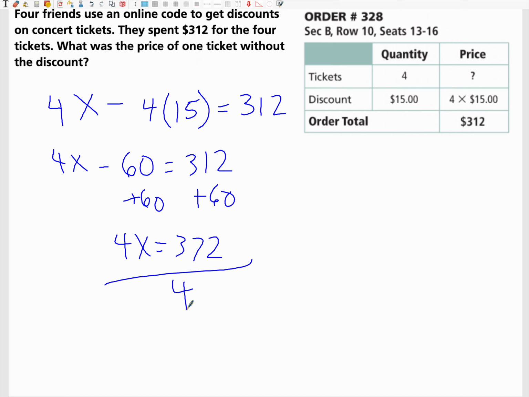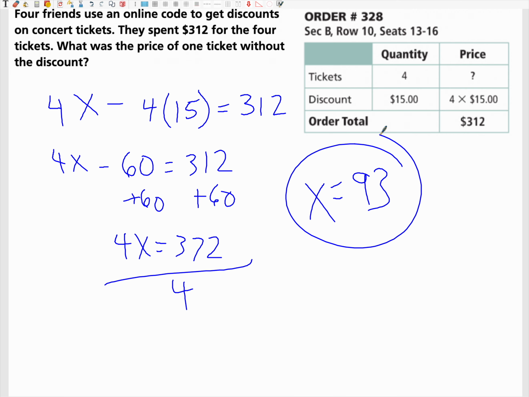I think, is that right? Yes. $93 per ticket. Wait, would that be with the discount? That's the original price of the ticket. So that's the list price of the ticket. Oh, okay.